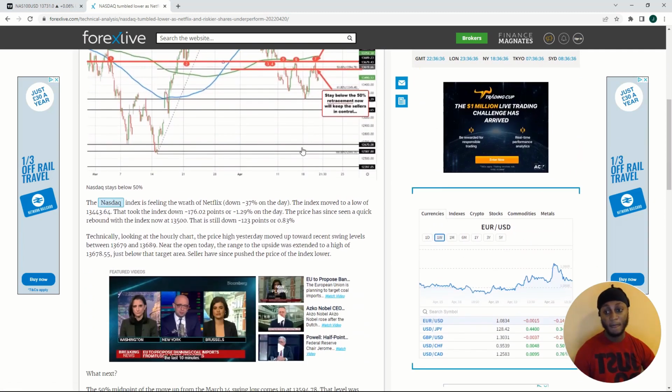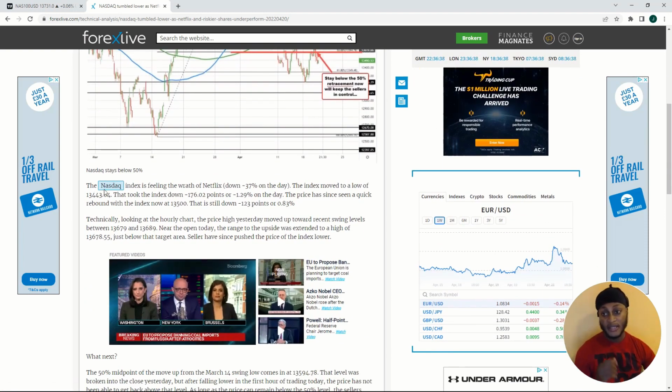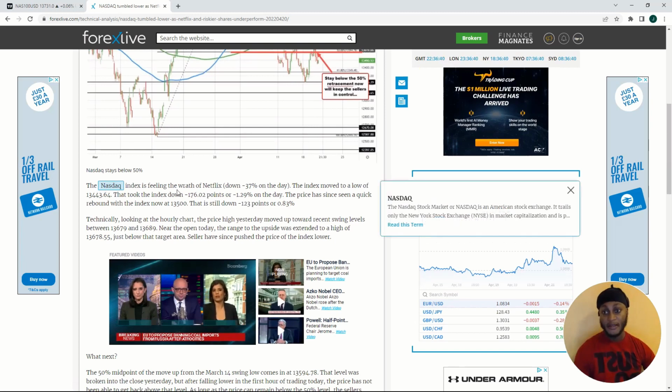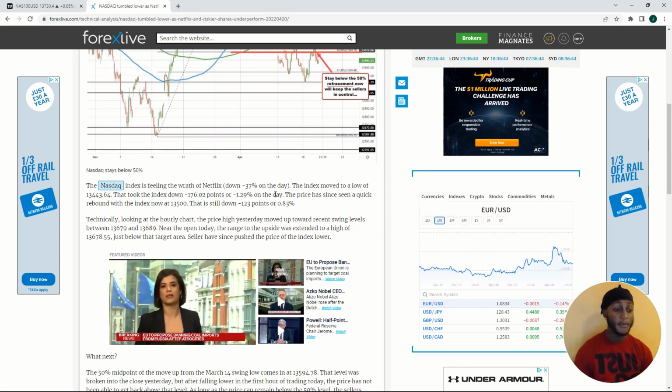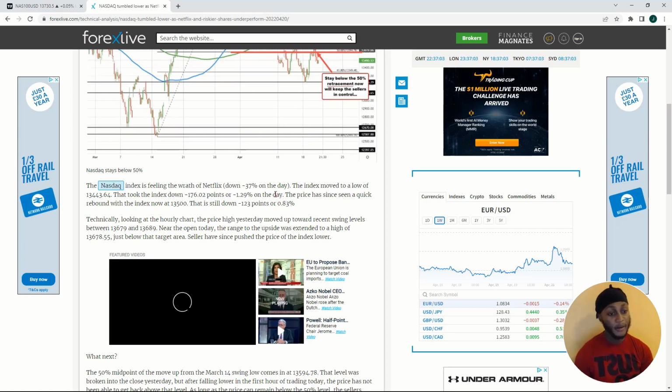So if you look at Nasdaq, you can see right there, the Nasdaq index is feeling the wrath of Netflix, down negative 37%. Remember I said, once a company has a greater market cap, it can affect the index. So for example, Netflix, I'm not sure what their market cap value is, but they have a massive market cap value, so eventually that's going to have a great impact on the index.